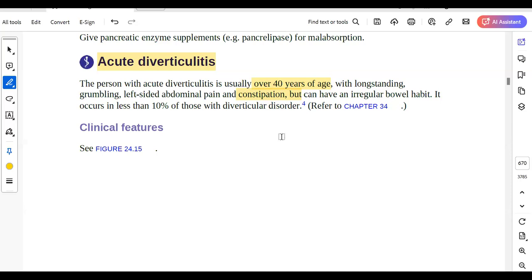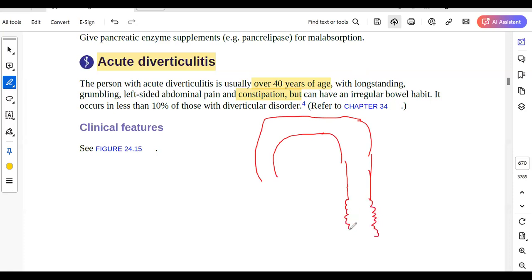So acute diverticulitis means that if a patient has long-time constipation, they can develop finger-like projections. Let's say this is the cecum, and this is the sigmoid colon. In the sigmoid colon, long-term constipation patients can develop these finger-like projections.